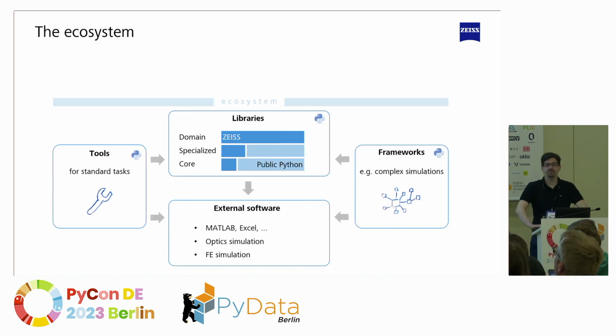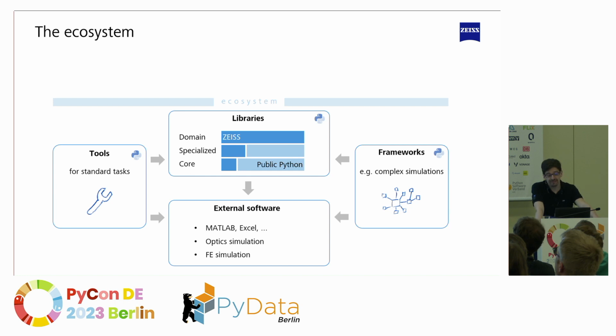So this is our basic conceptual setup of this ecosystem. We have a lot of Python libraries. We use, of course, public Python libraries like NumPy and so on, but we build on our own specialized libraries on top. And I will have a complete slide on libraries on the next slide again. Then we use these libraries to build the standard tools.